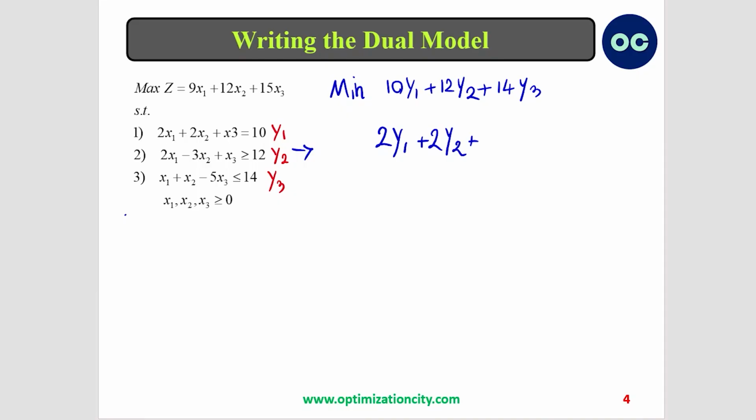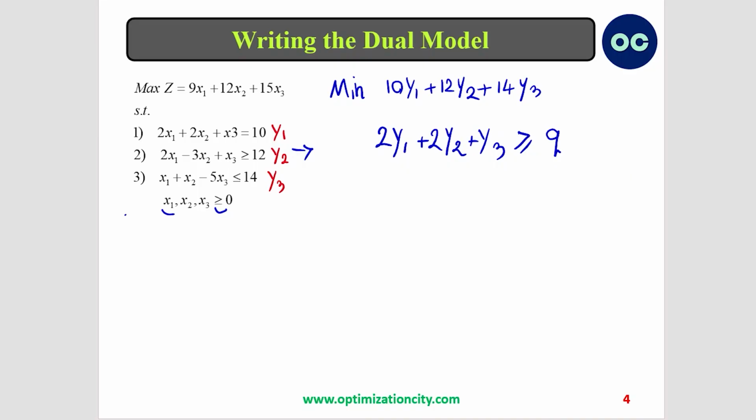And the coefficient of x1 in the third constraint becomes the coefficient of y3 in the first constraint of the dual model. So we have y3. The coefficient of x1 in the objective function of the original model becomes the right-hand side of the first constraint in the dual model. So we have 9. Since x1 is non-negative, this constraint is written as greater than or equal to.